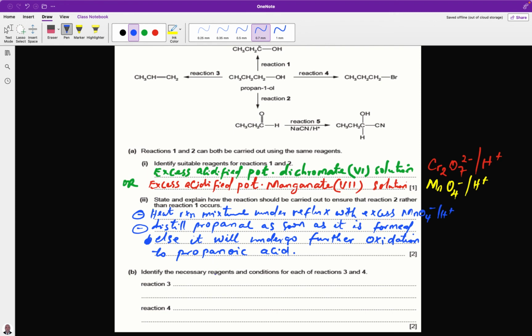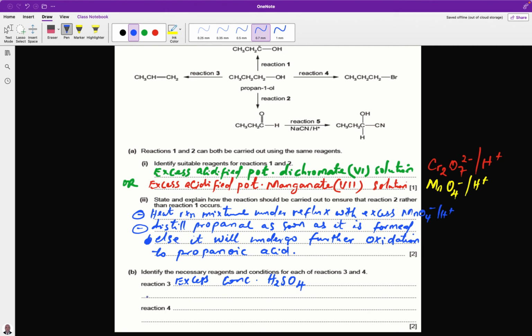So identify the necessary reagent and condition. The reagent here is excess concentrated sulfuric acid. Then what will be the condition?